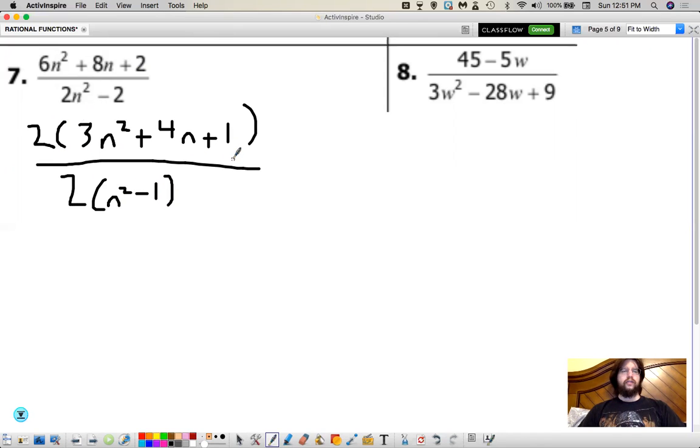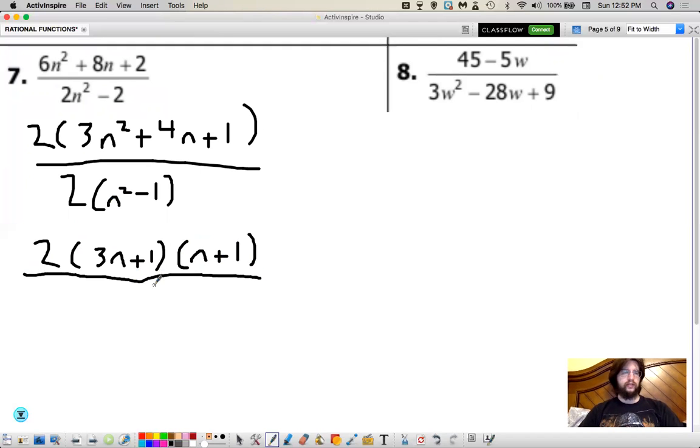So here we have a trinomial, factor using the AC method, or in your head, whatever you got to do. If you don't know how that came, just do the AC method.